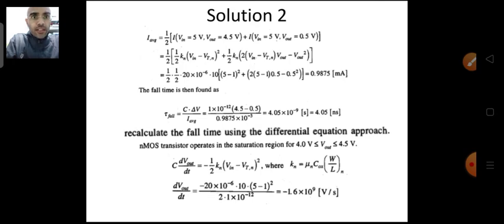And we have to find this 4.5 volt to 0.5 volt. If you see the 4.5 volt point, at that point your transistor will work in the saturation region. Here we are not integrating over the whole region from 90% to 10%.